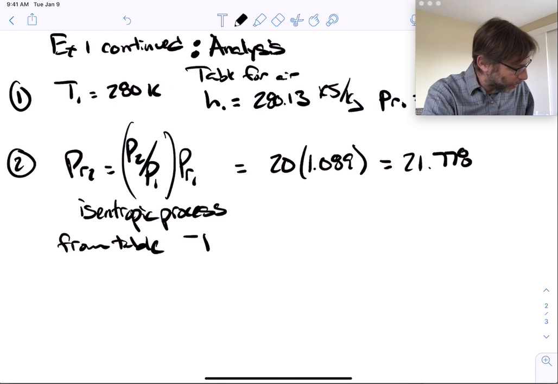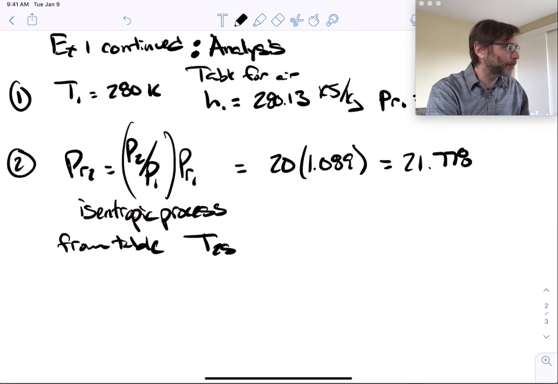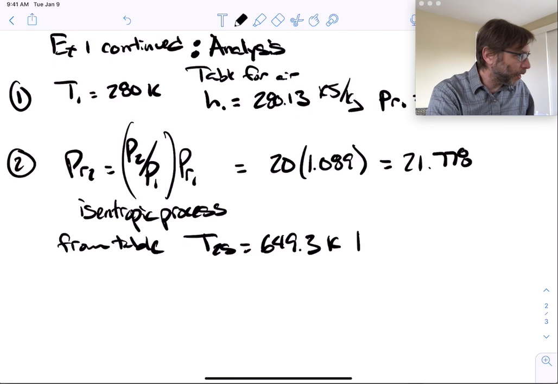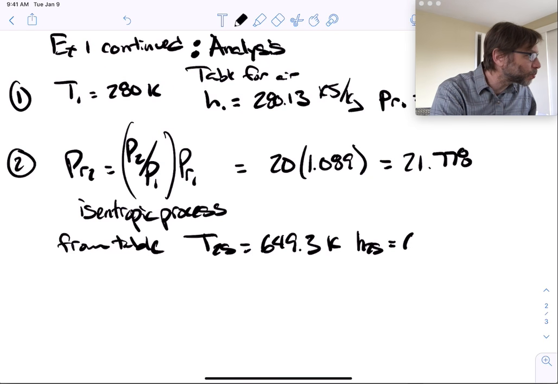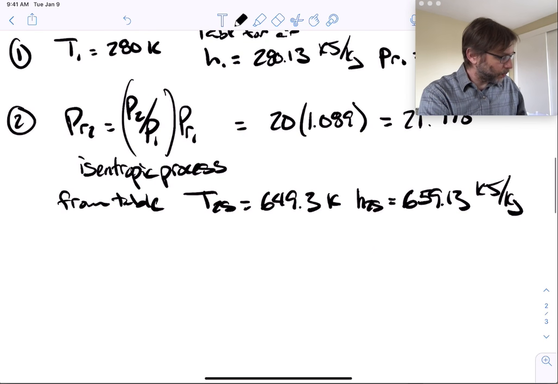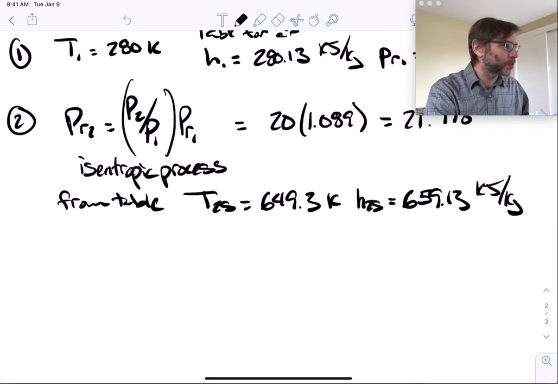And then from the table we can get T2S, which is the isentropic temperature, which is equal to 649.3 K, and H2S is equal to 659.13 kilojoules per kilogram, right? But that's S, right? So we need to use the efficiency.